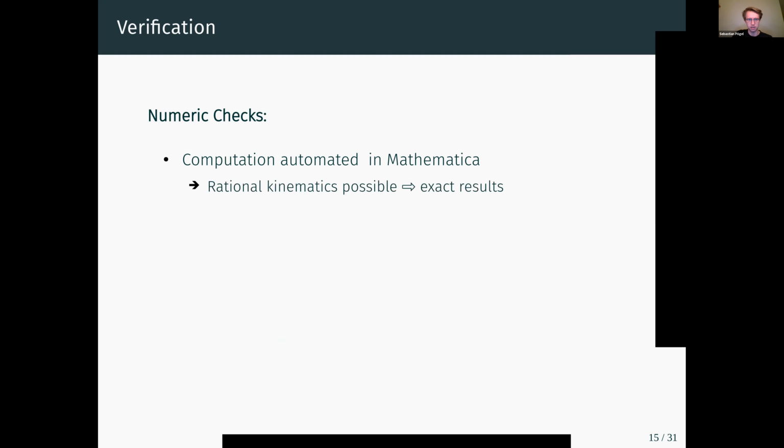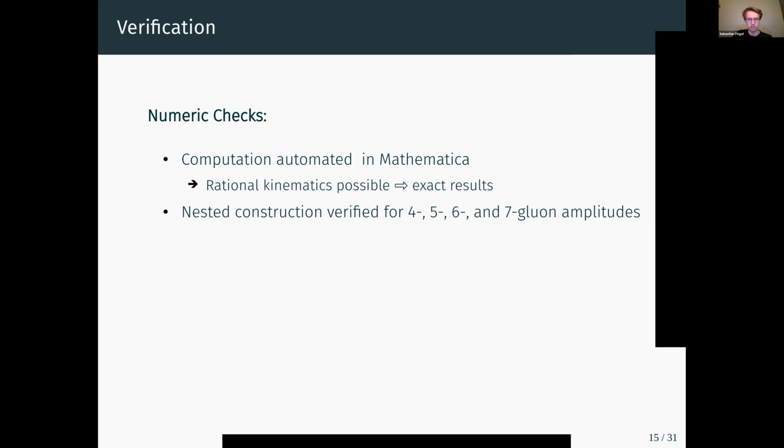To verify that this actually works, we did some numeric checks. First of all, this entire computational scheme is automated in Mathematica, and that gives us a lot of freedom about what kind of kinematics we can use. For one, we can use, of course, rational kinematics, so that we can compare exact results.